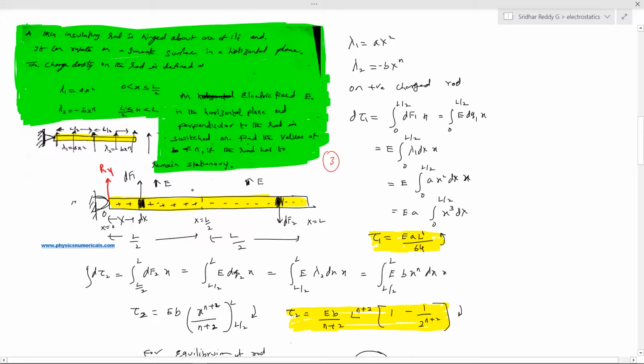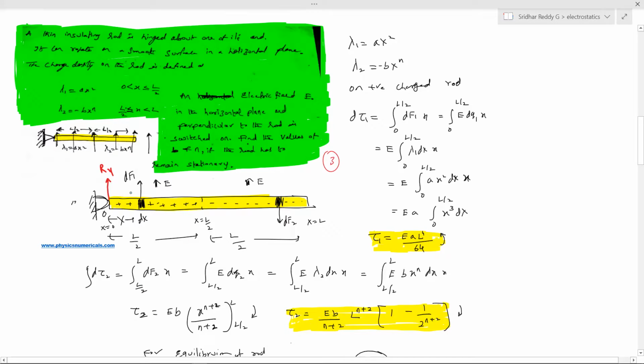Then a uniform electric field in the plane, perpendicular to the rod, is switched on. Find the values of b and n if the rod has to remain stationary.